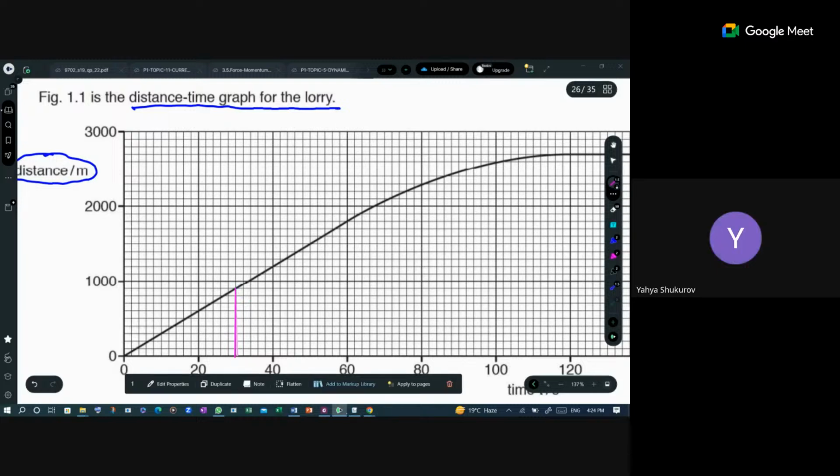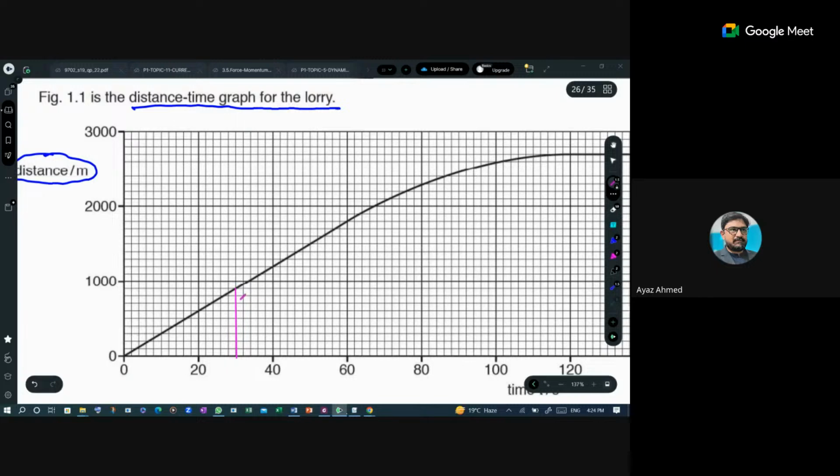For the 30th second, this is the point where I have to work. At this point, time is 30 seconds, and distance traveled is 900 meter.